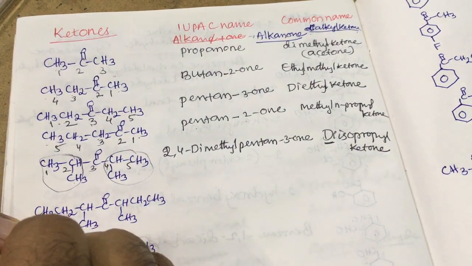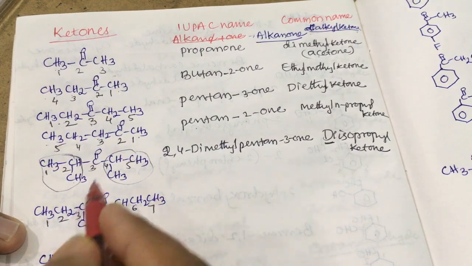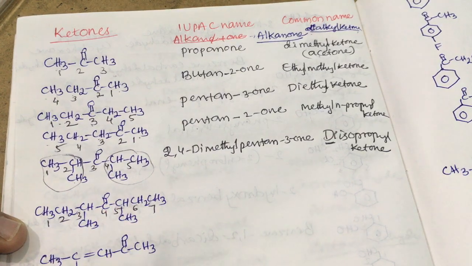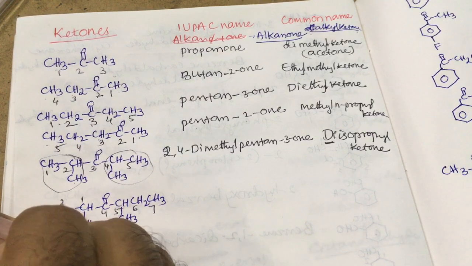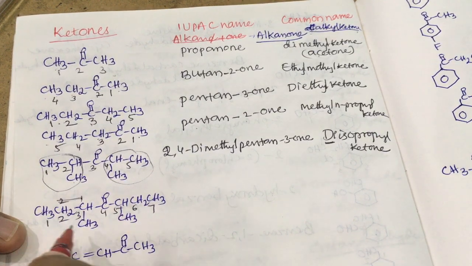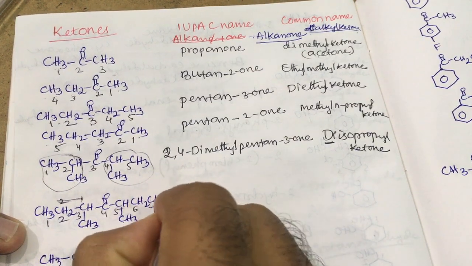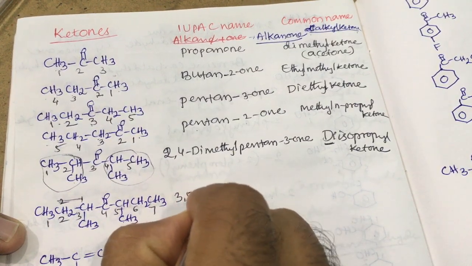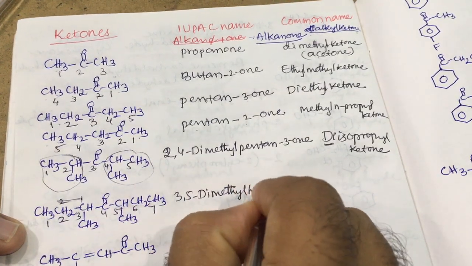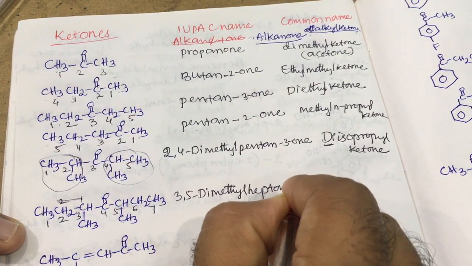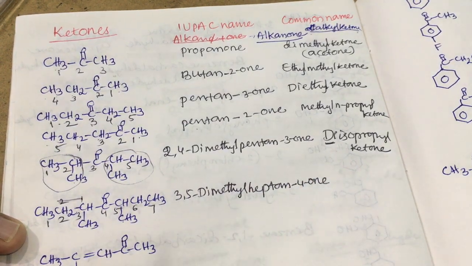Now 1, 2, 3, 4, 5, 6, 7. When it is an odd number, the ketone comes exactly in the middle. Numbering is already given. So now third position, fifth position: 3,5-dimethyl, total 7 carbons, that's why heptane, remove E, fourth position C double bond O, that's why 4-one.